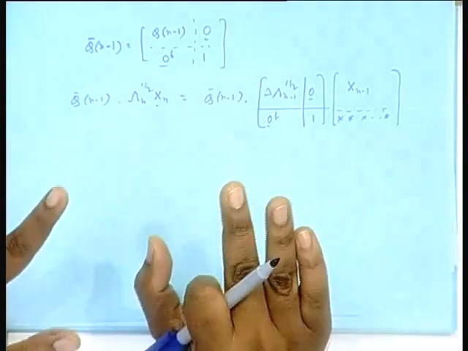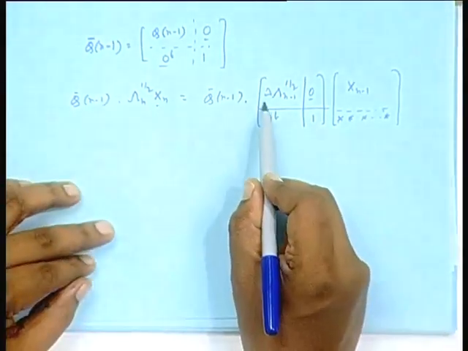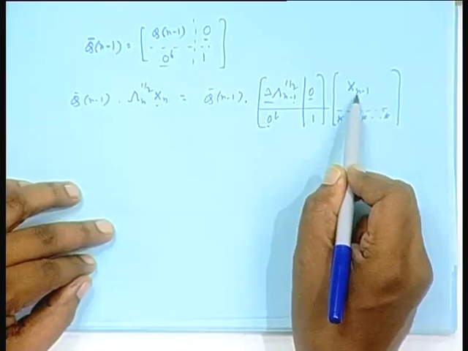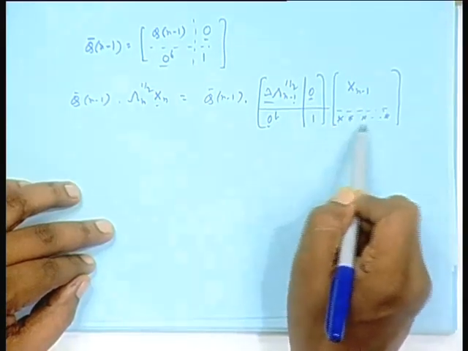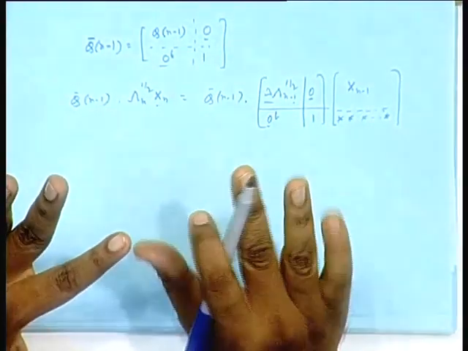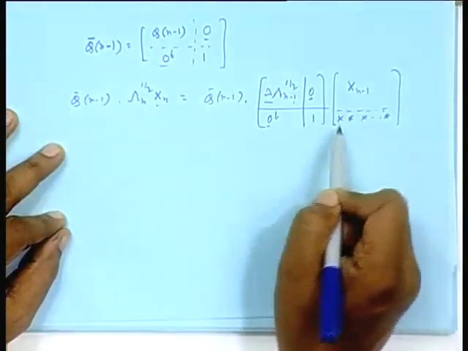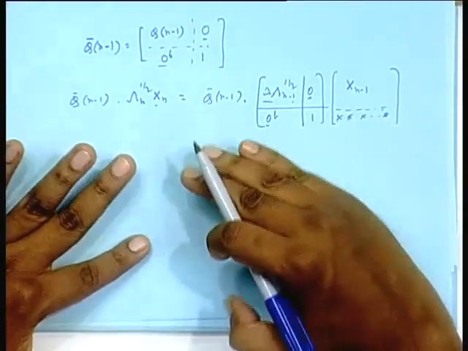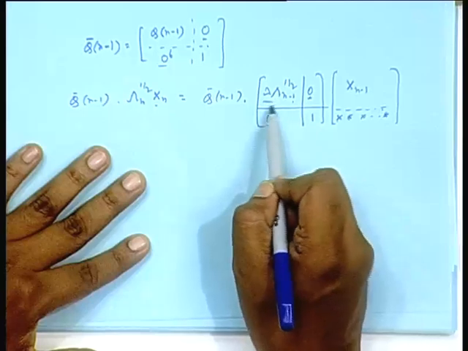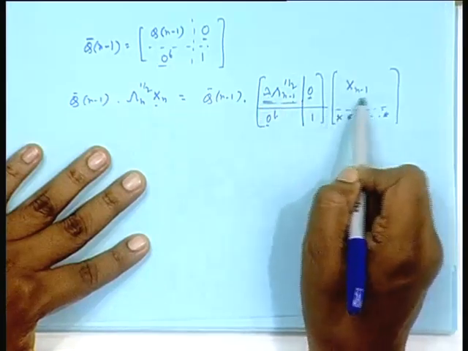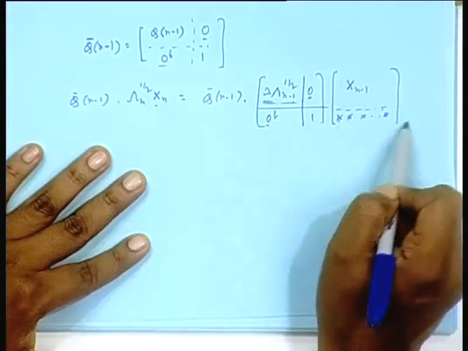Now, consider this; you should be able to understand. This part times x n minus 1 and 0 will multiply this, that will be the upper half, and then the zeros will multiply this one, which is how this product is formed. Forget about the lower part first, consider the upper part. This chunk times this, and 0 into this will not give rise to anything.